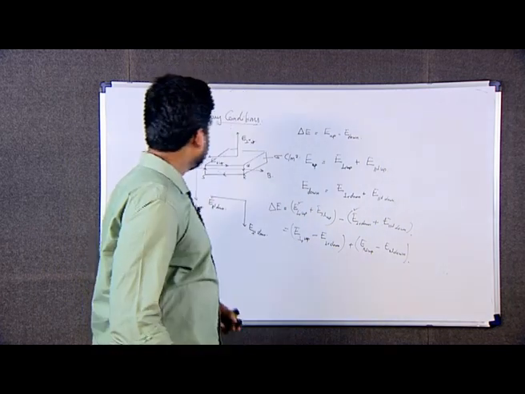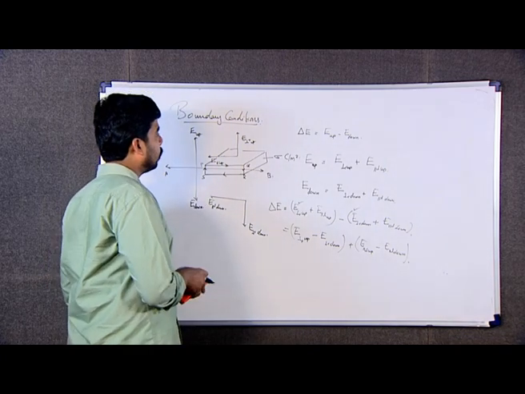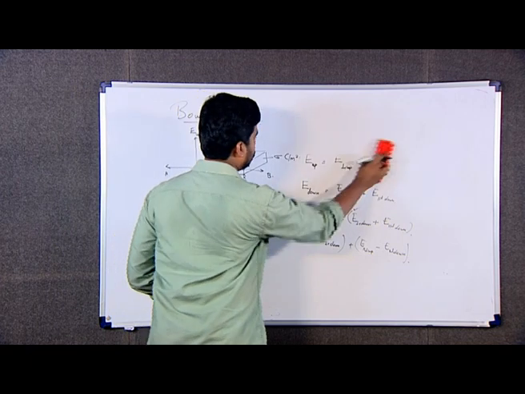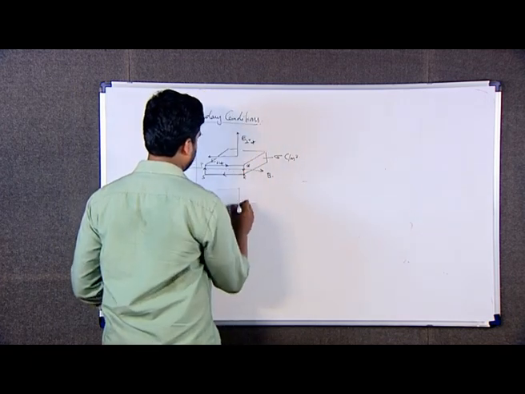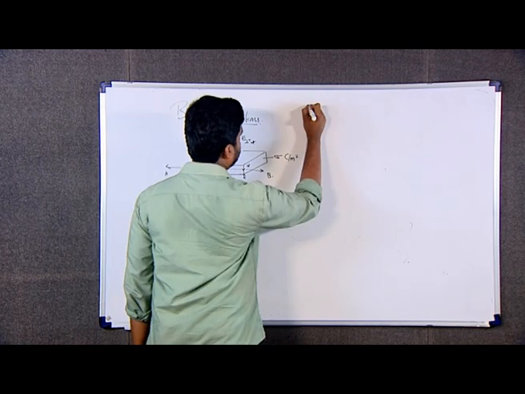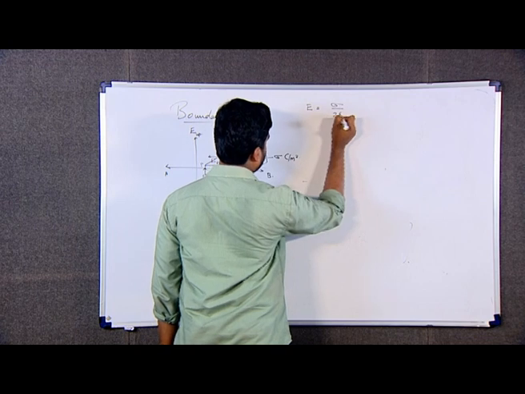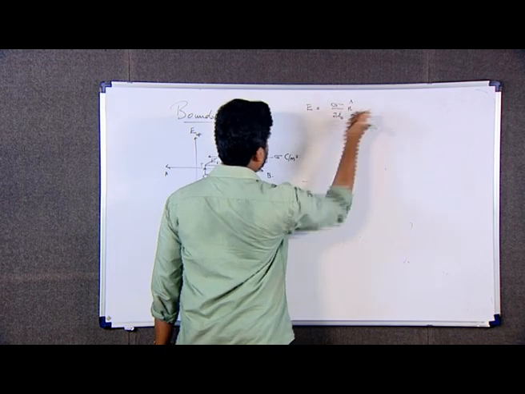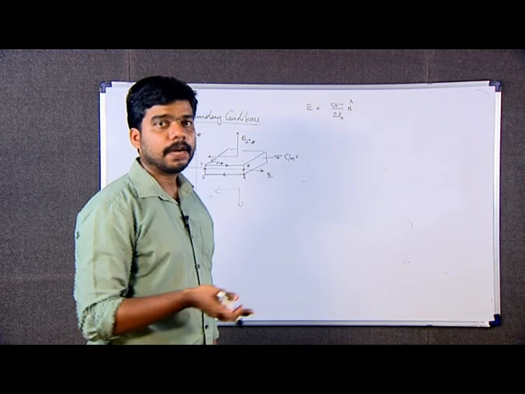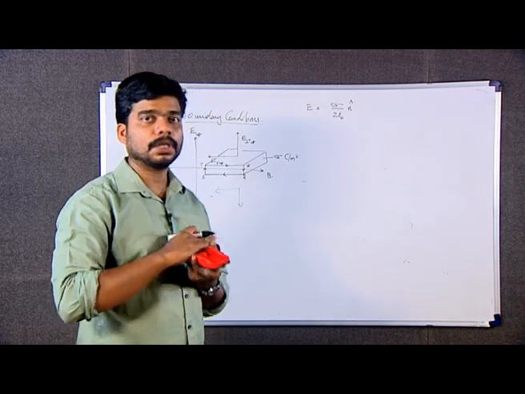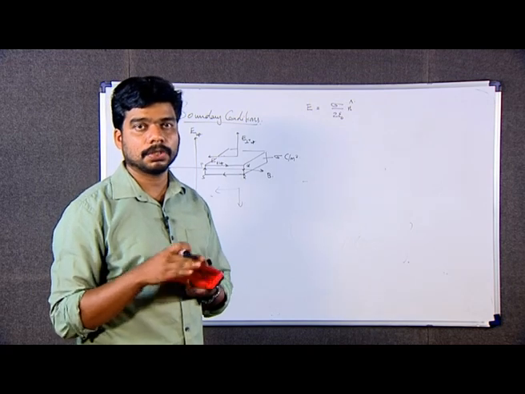So, we know that for a thin sheet of charge, the electric field produced is E equal to sigma by 2 epsilon 0 into n cap. I think you remember this equation, we have derived it using Gauss's law for a thin charged sheet: E is equal to sigma by 2 epsilon 0.